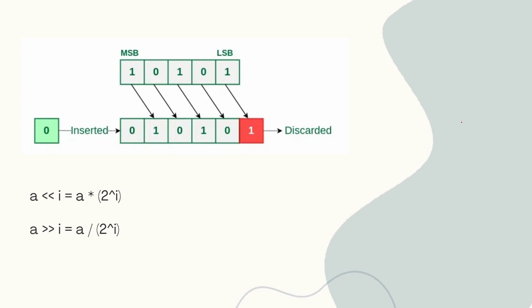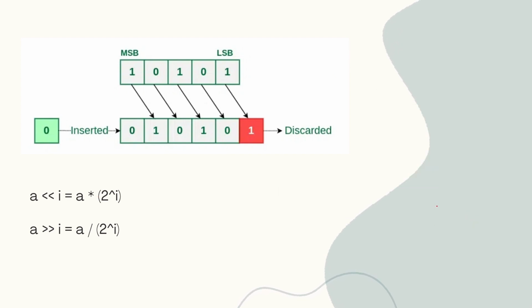And if you are facing difficulty again here, then you have a formula. What is this formula? If you want to do, for any integer a, left shift I times, don't do as I said in these boxes thing, like add 0 at the end or add 1 at the right, something like that.